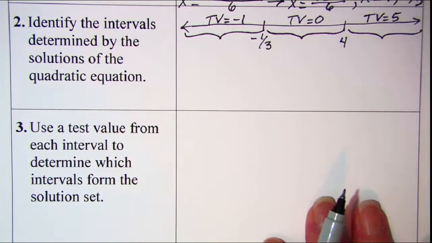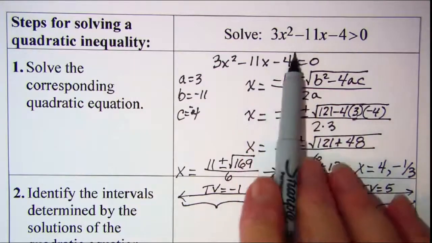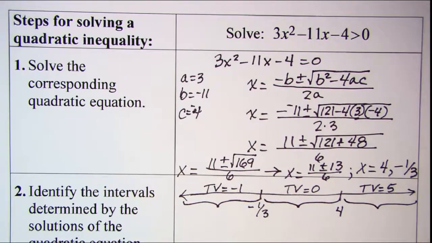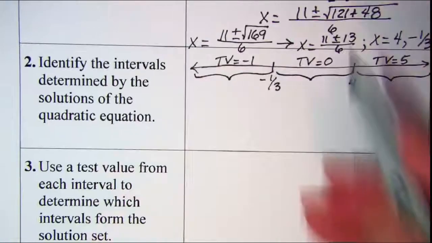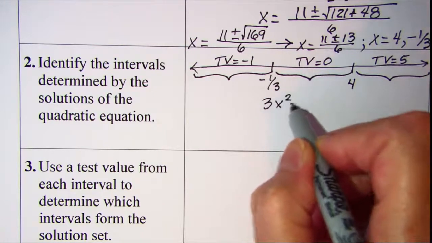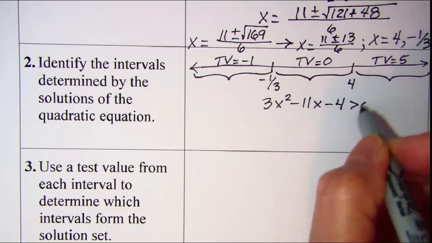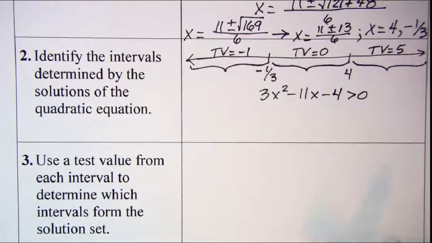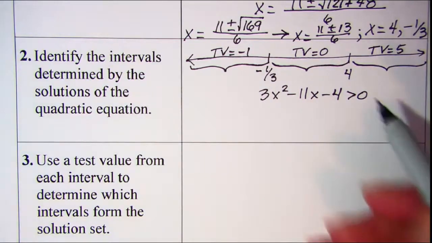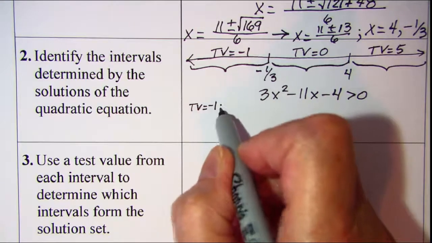So I need to check each of these numbers in this inequality. Let me copy that down here: 3x squared minus 11x minus 4 is greater than 0. All right, I need to check each of these test values to see if they work or not. So let's do our test value of -1 first.